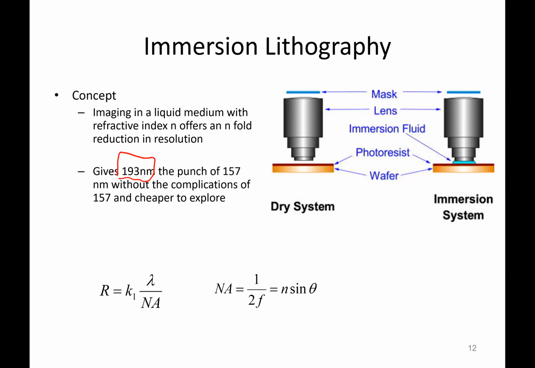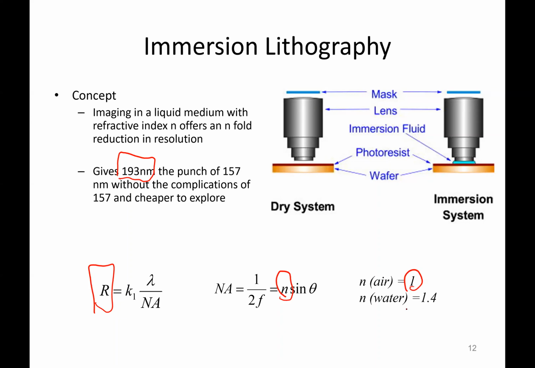In the immersion lithography case, the 193 nanometer wavelength can still be used, but now the resolution can be increased by water. By applying the water, because like I said, this original n is in the air, it's 1.